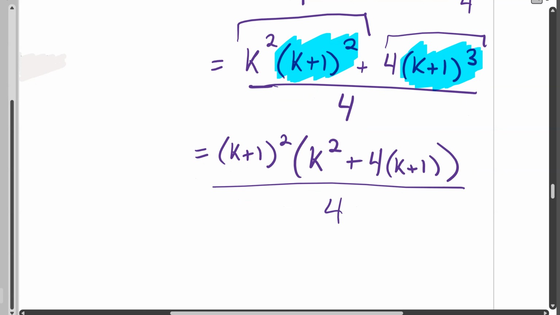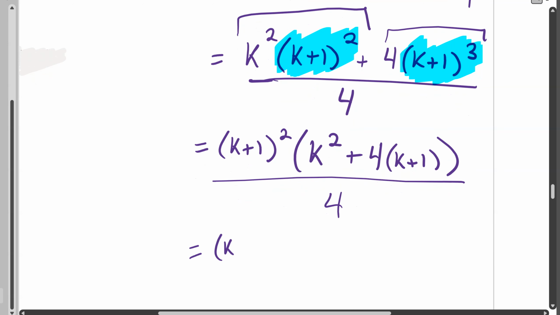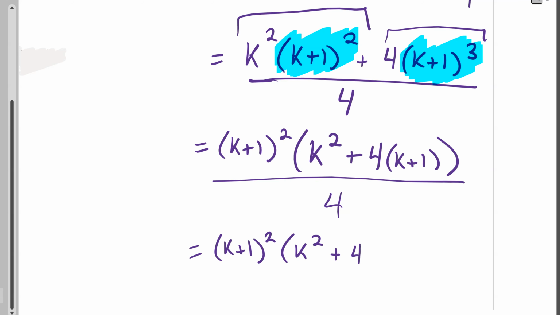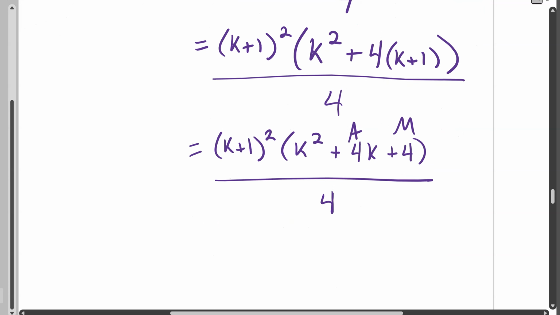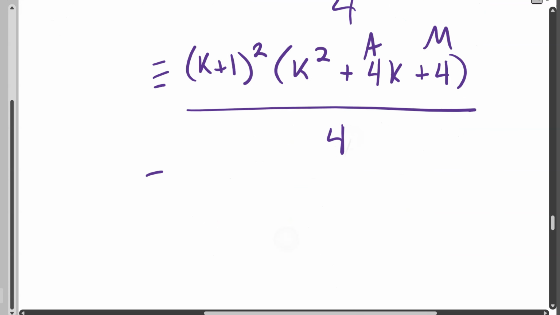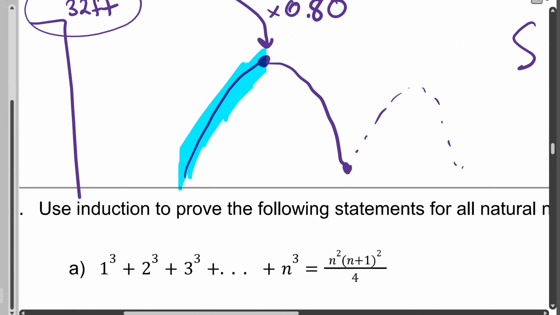So if I do that, all right, let's see. I'd have k squared plus 4k plus 4. Oh my gosh, that looks like a factorable quadratic, right? I could ask myself what adds to 4 and multiplies to 4. I think that should be 2 and 2.